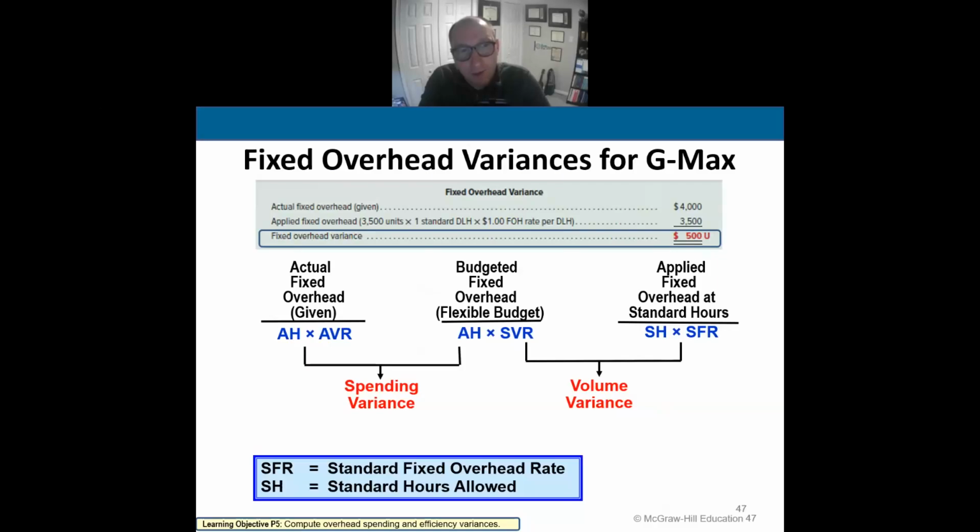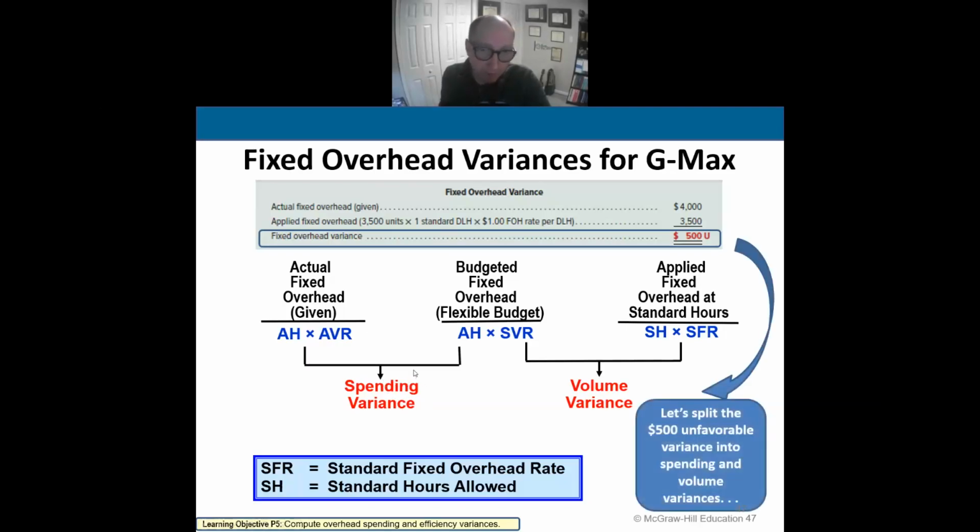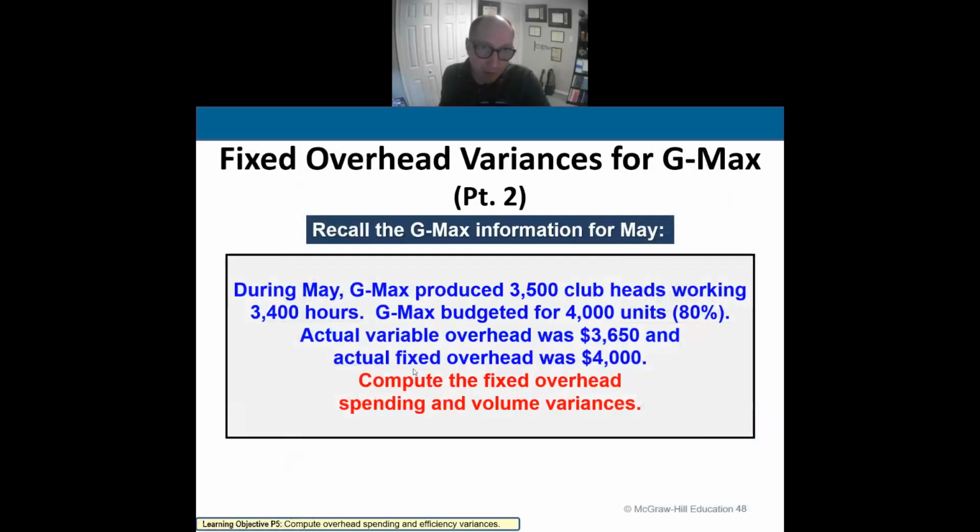Looking at the difference between the spending variance and the volume variance really does give us a pretty good understanding of the fixed overhead variance. Remember, it's all about finding the differences, and that's what variance is. It shows us how efficient we're being.